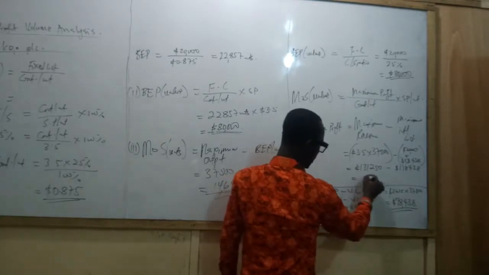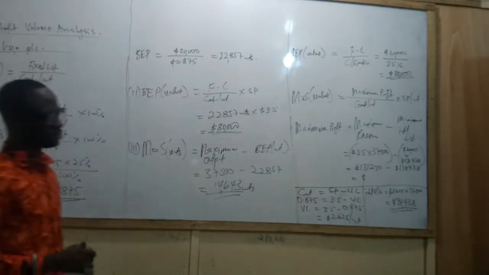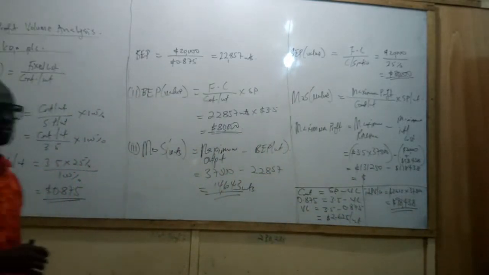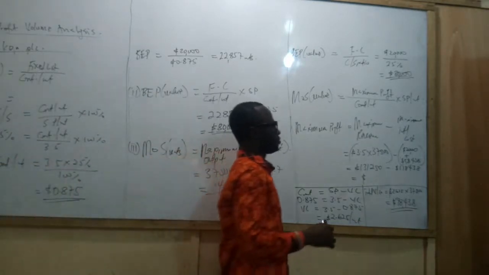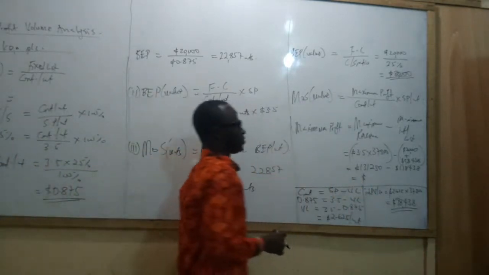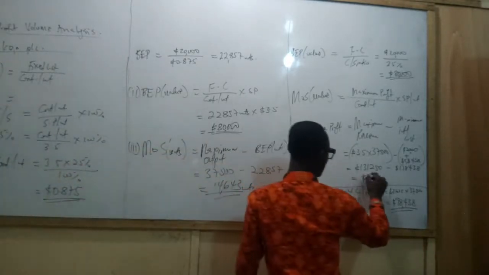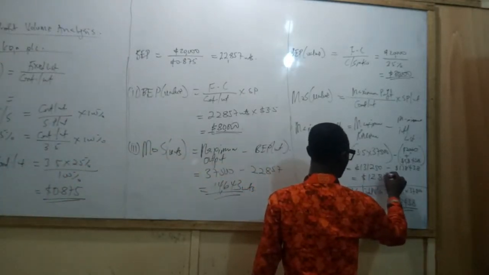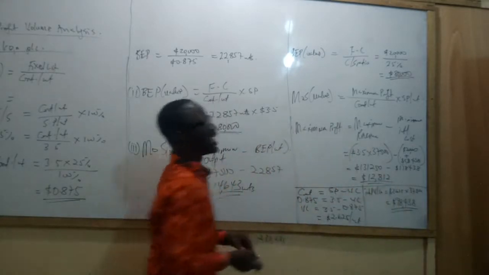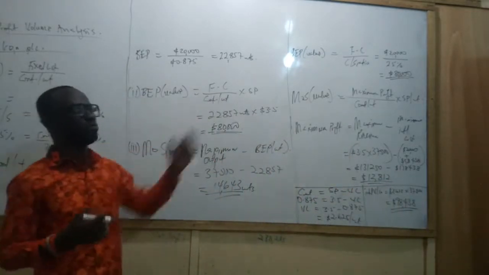Let's subtract to get the maximum profit. $12,812. Good. Now we have the maximum profit.